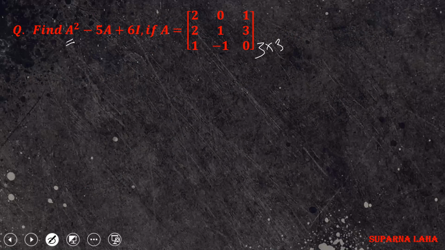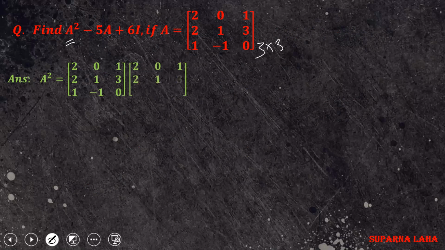That means you need to multiply A into A. So let us find first what is the value of A square. So A square is given by multiplying this matrix A with A, that is 2 0 1, 2 1 3, 1 minus 1 0, into again this 3 cross 3 matrix 2 0 1, 2 1 3, 1 minus 1 0.